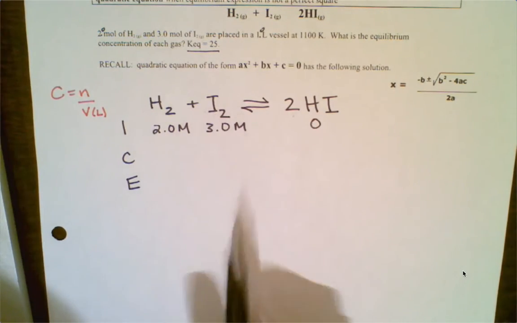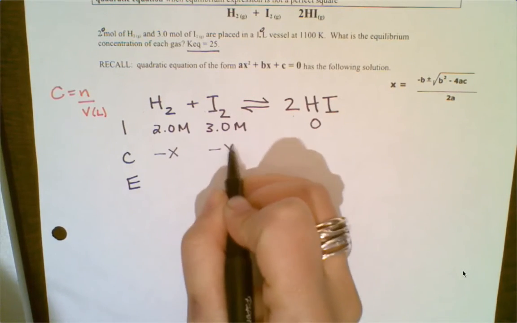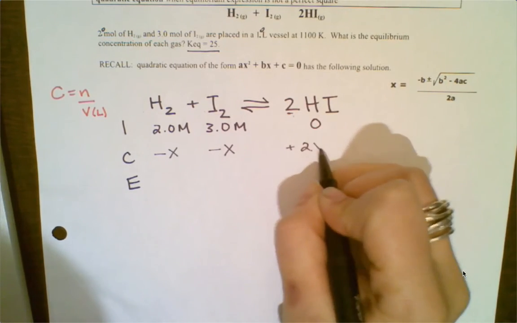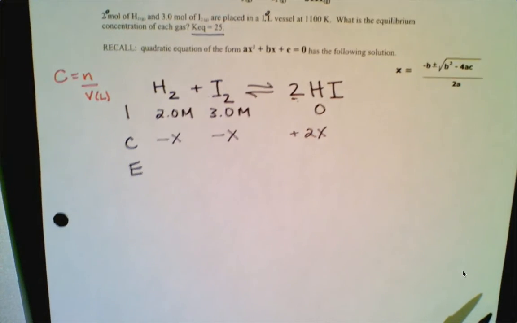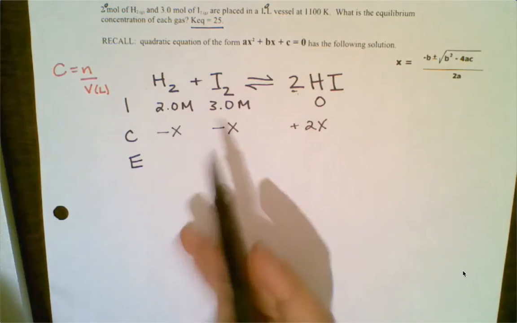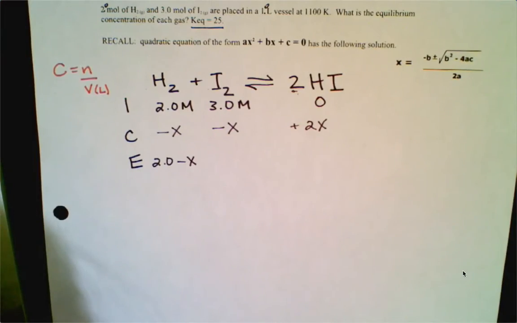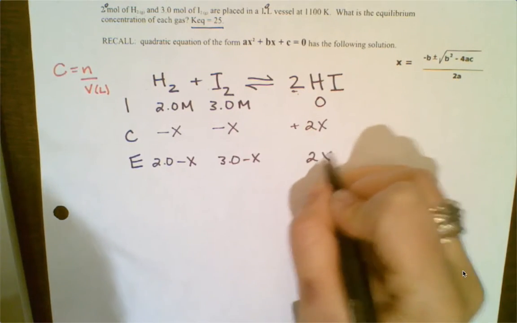We know that reactants get used up over time, so this will be a minus X, and this will be a minus X. And because of this, the concentration of the product increases by 2 times that amount. Your equilibrium column is equal to your initial and your change column added together. So here we have 2.0 minus X, 3.0 minus X, and 2X.